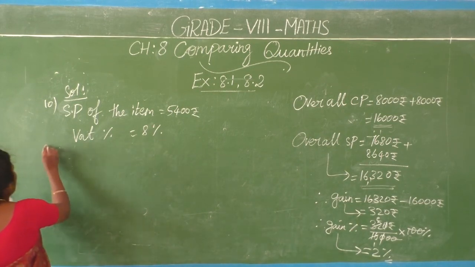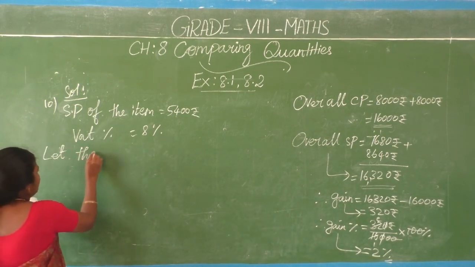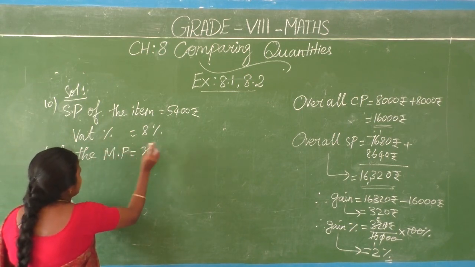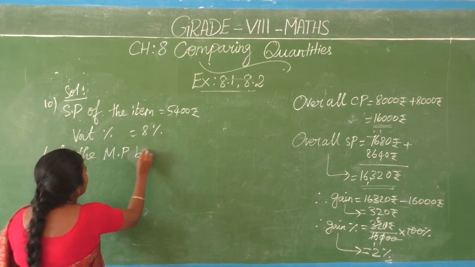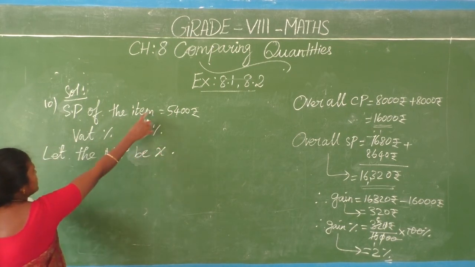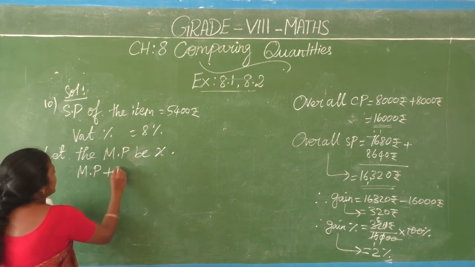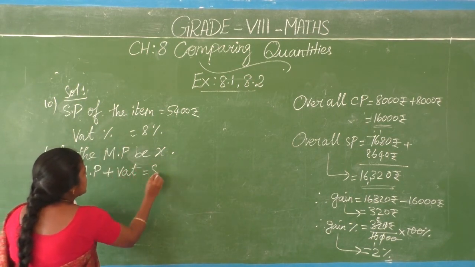So let the marked price, that means list price, be X. The sales price, how does it come? Marked price plus VAT is equal to sales price.